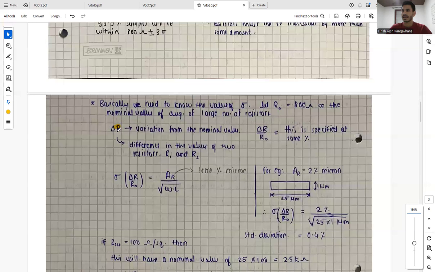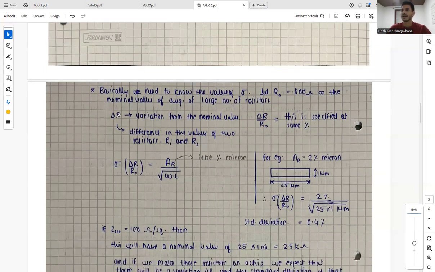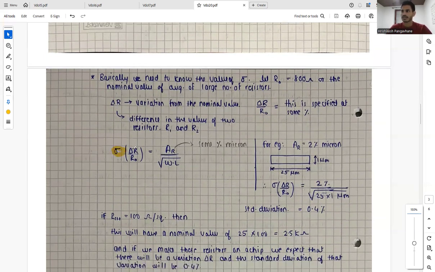Let's take delta R as the variation from the nominal value, so we have delta R by R naught, and this is specified as a percentage. Let's say we are making two resistors. Delta R is the difference in the values of two resistors, let's say R1 and R2. So sigma of delta R by R naught is equal to A_R divided by root of W L.